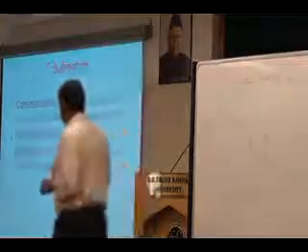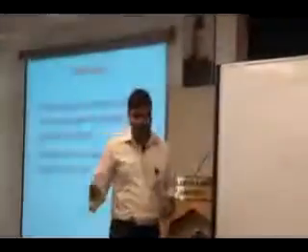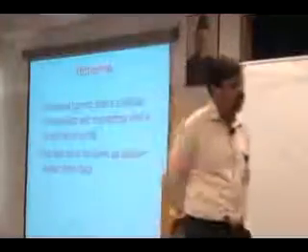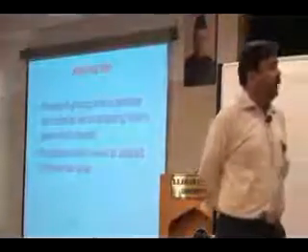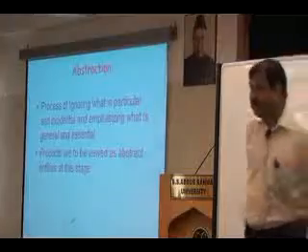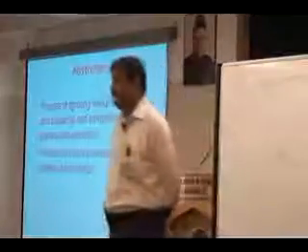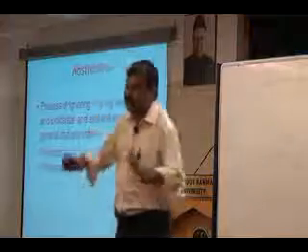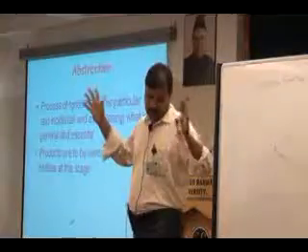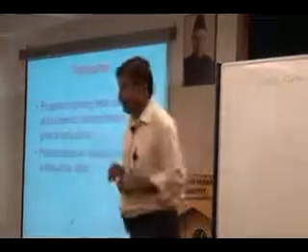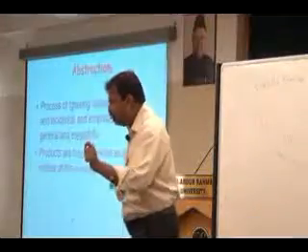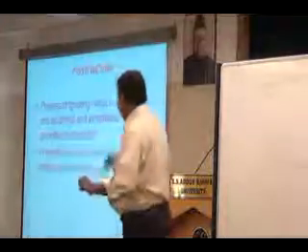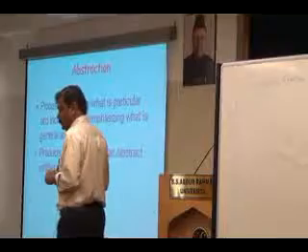Now, next slide please. I may have to go quickly because I have one more agenda today. Now, the abstraction. What we have to do at this stage is view the thing in a general fashion, not going into the specific details. Specific details will come later.